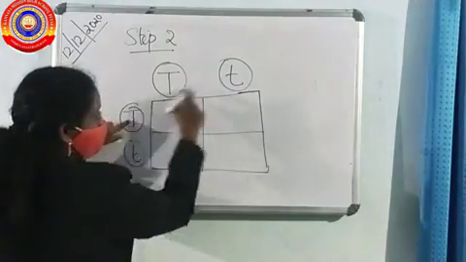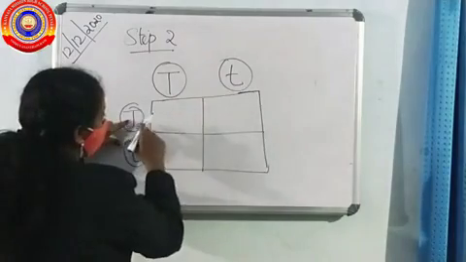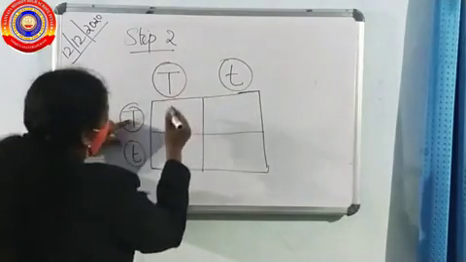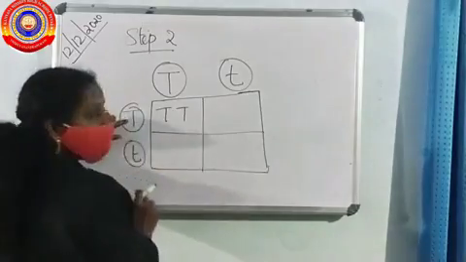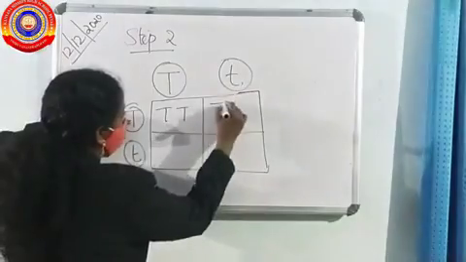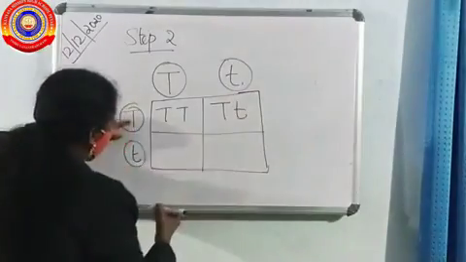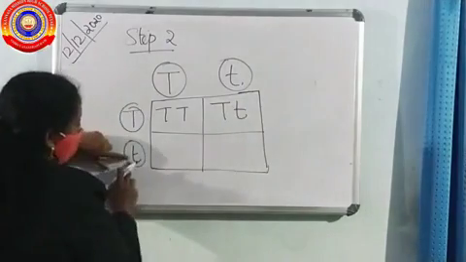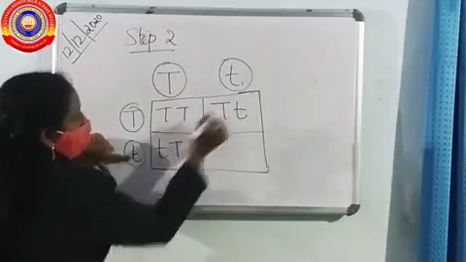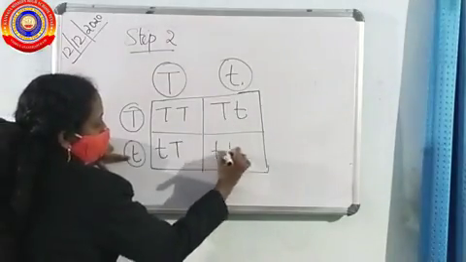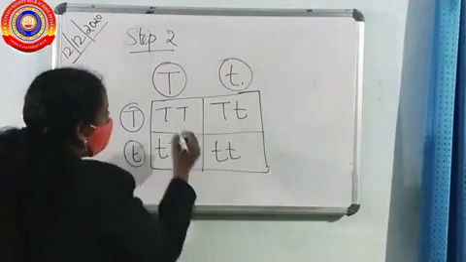Here, in the first box, we got the gamete capital T, capital T. In the second box, we got capital T, small t. In the third box, we got the result small t, capital T. In the fourth box, the result is small t, small t.